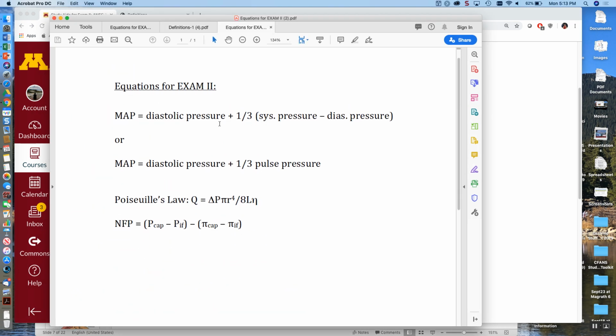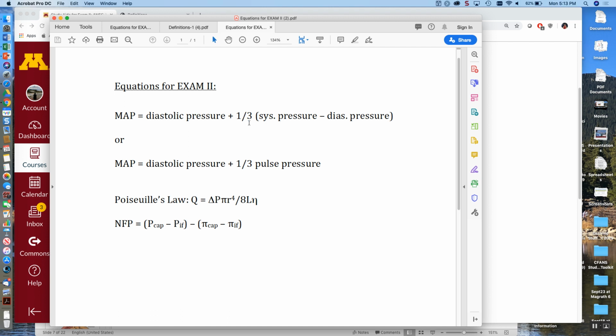All right, so here's how to calculate mean arterial pressure. No worries, you're going to have this sheet: diastolic pressure plus 1/3 systolic minus diastolic. That's at rest. If you're exercising, it's going to bump up from 1/3 to 1/2, right?